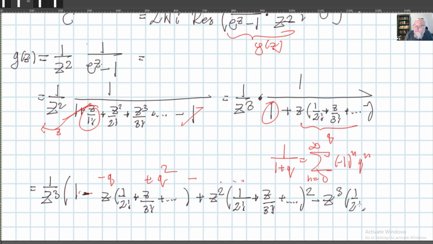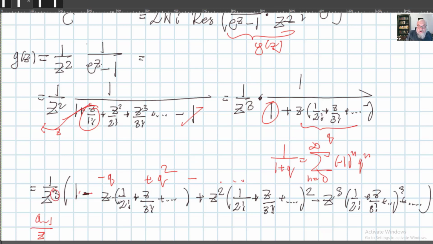This is z cubed over 2 factorial plus z over 3 factorial cubed and plus. So now I'm looking for the a minus 1, which stands by the power z at the bottom in the denominator.